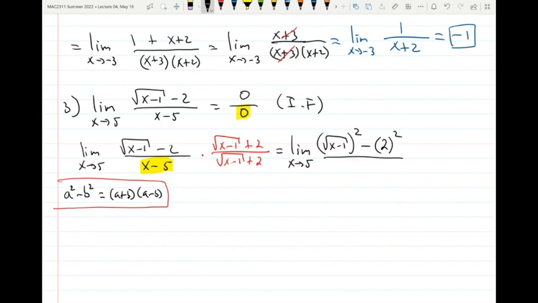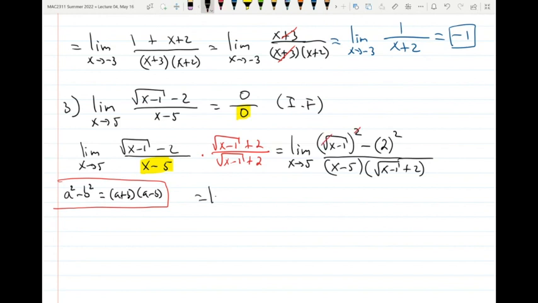Now, should I distribute this product in the bottom? Why not? You're trying to cancel that. Remember, you want to get rid of this x minus 5, so you want to leave it as a product. Okay? And now we simplify, and the hope is that hopefully, an x minus 5 will show up on top that we can cancel out. But let's see, this square cancels with the radical.